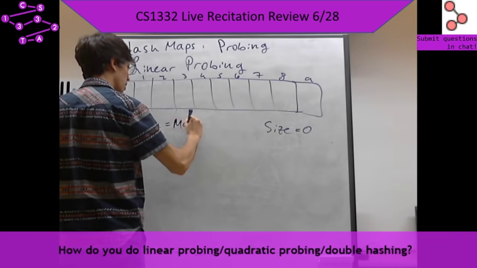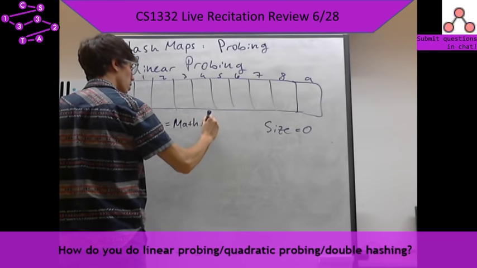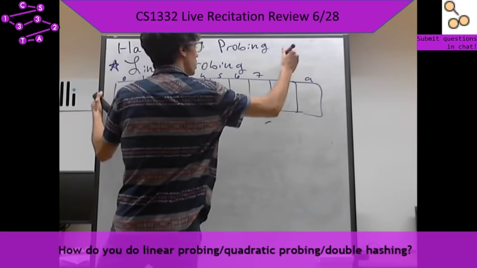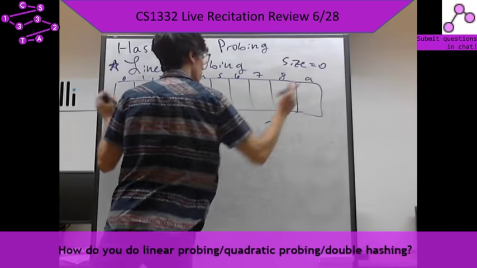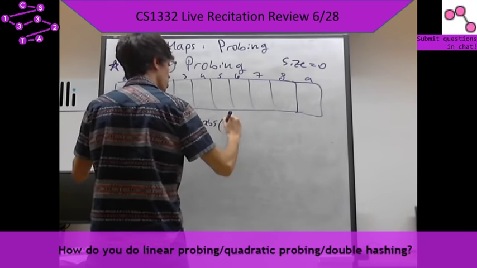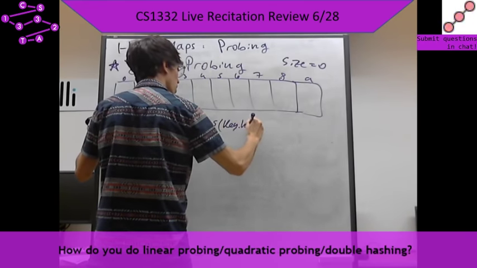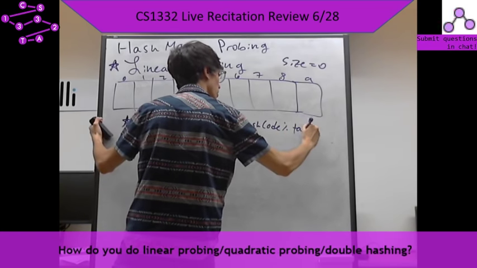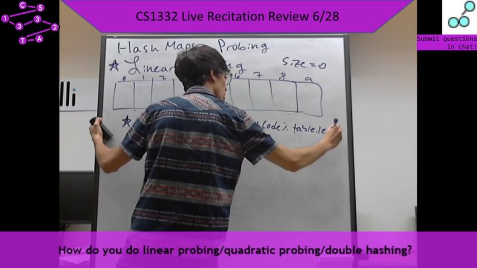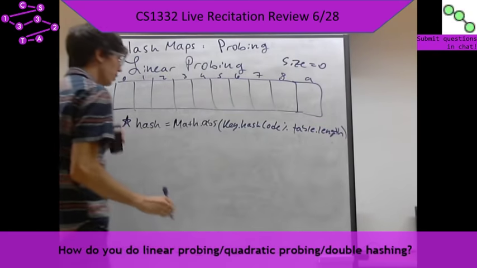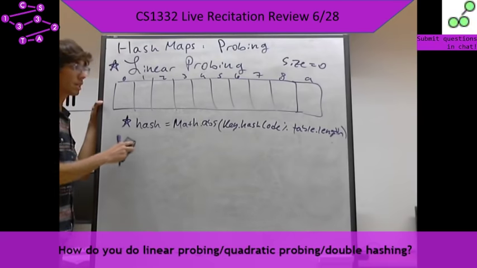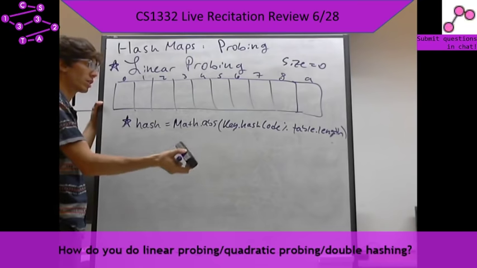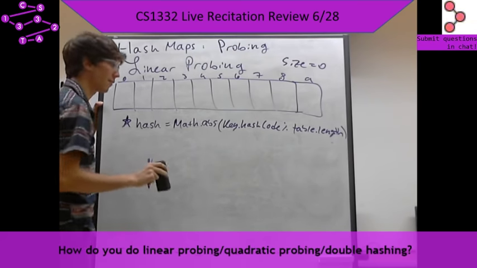And this is going to be the generic formula, hash code mod table length. So this is the generic formula to calculate the initial index at which your element may be. And this is before you actually do any probing. So it's like the first spot that you check, right?